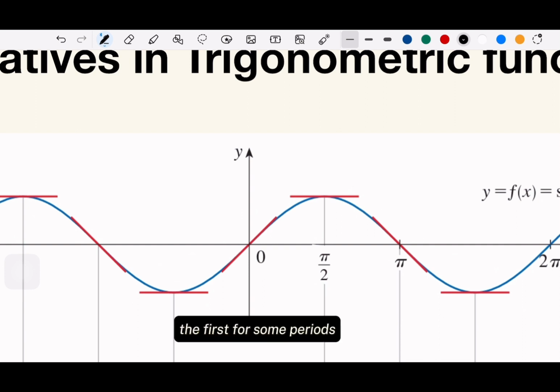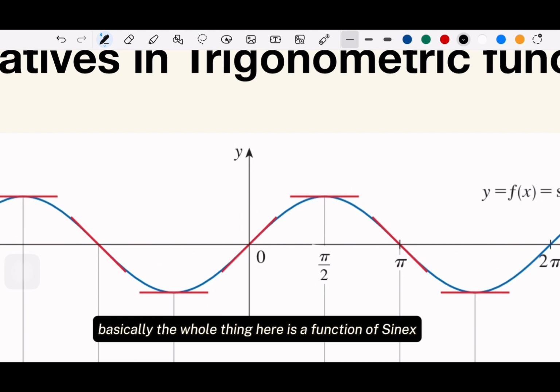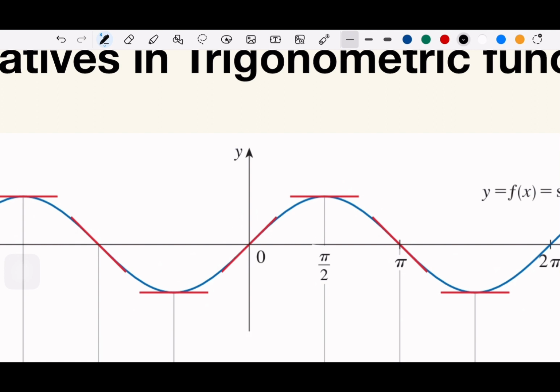So for some periods, for example, for every 2 pi, how many full waves will they have? You learn in physics, right? But basically, the whole thing here is a function of sine x. The blue one is the function, and the red one is the slope. Remember the slope?